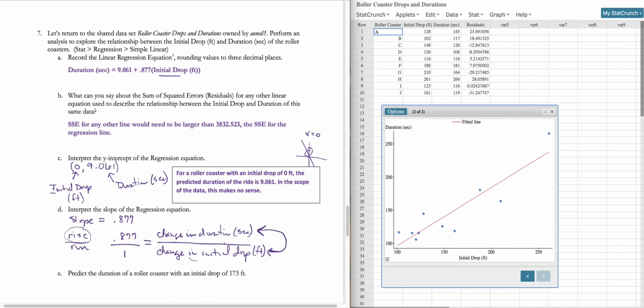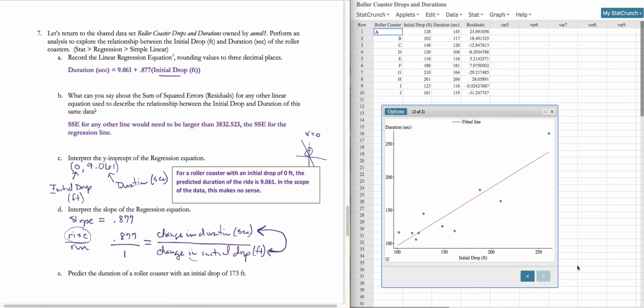So we're talking about how a change in our explanatory variable will be associated with a change in our response variable. And we're always going to be cautious to not use any words that imply causation unless this is data that has been collected during an experiment, which I doubt this data is.